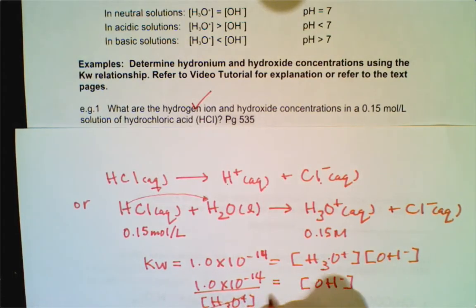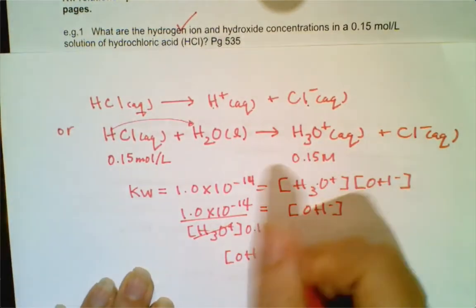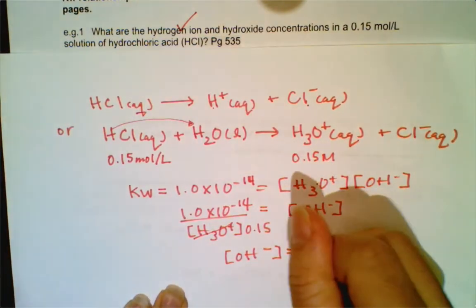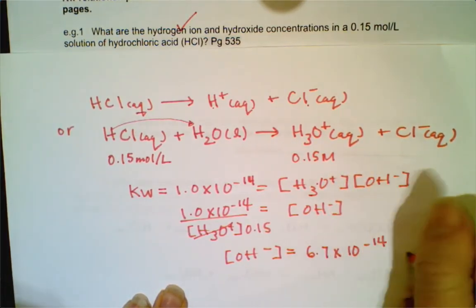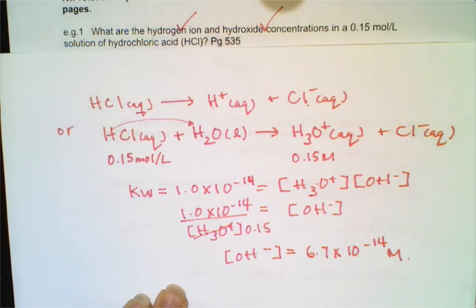So if I replace that with 0.15, we end up with a hydroxide ion concentration equal to 6.7 times 10 to the negative 14 moles per liter. So now we have the hydroxide ion concentration.